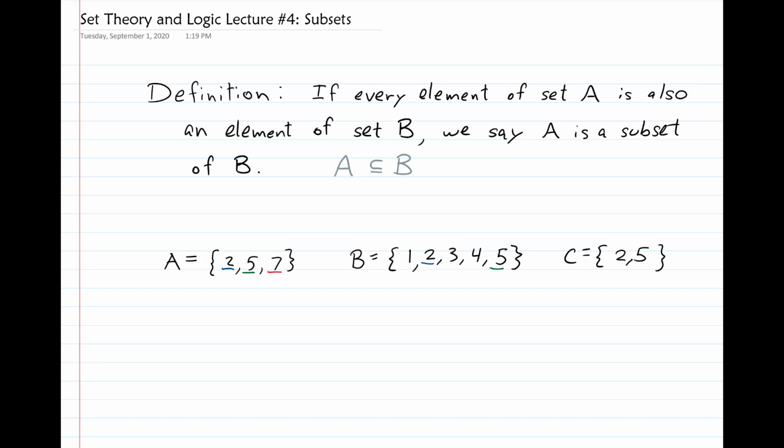No, it is not. So A is not a subset of B because there's an element of A that's not an element of B. So that means it is not true that every element of A is also an element of B. So we would write A is not a subset of B. Okay?